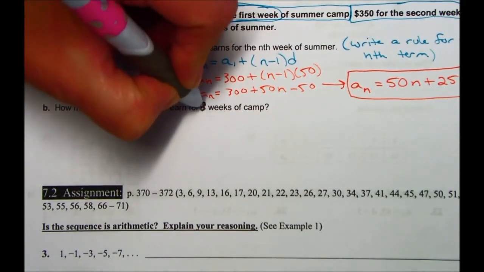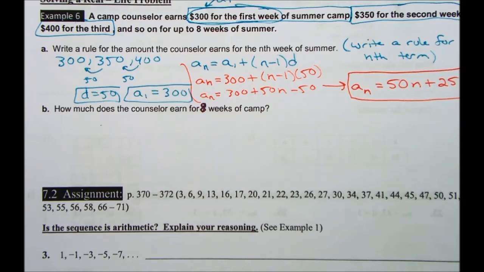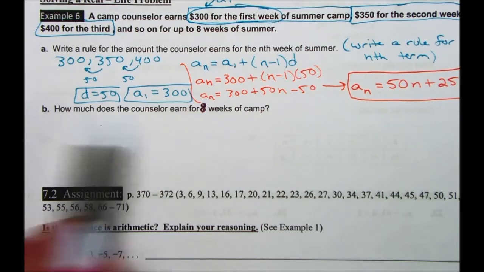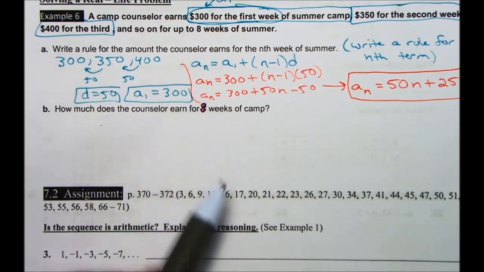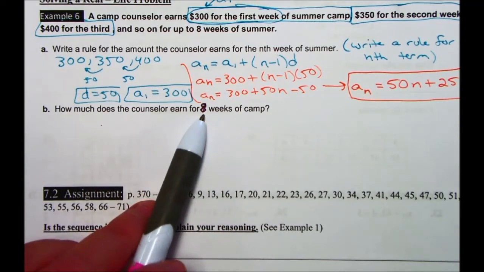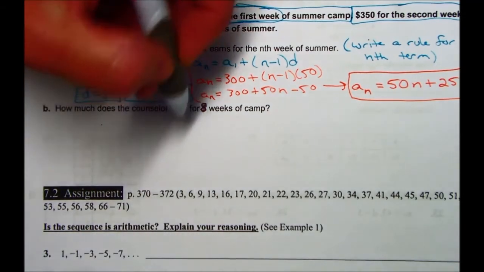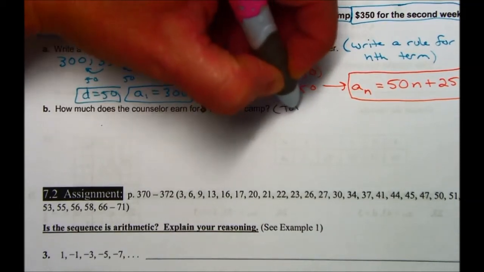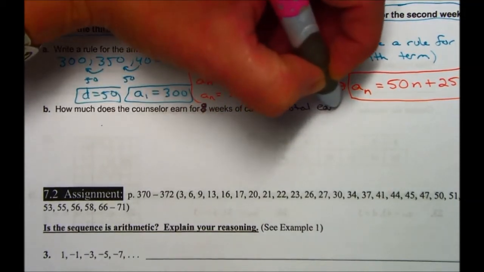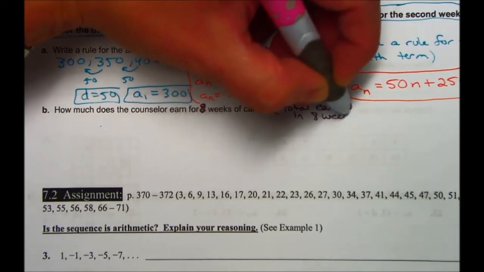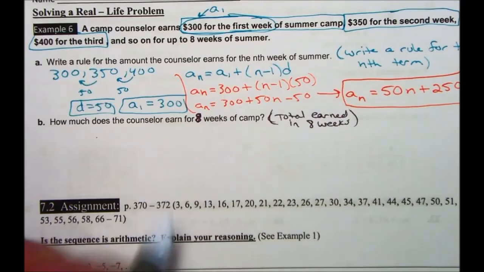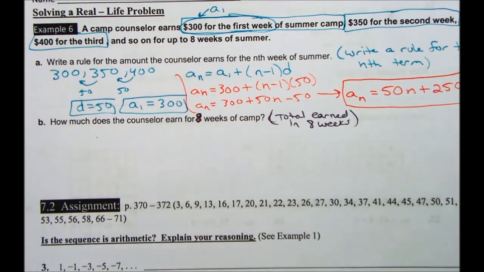So you need to do that, which would make more sense. If they want to know the total amount that they earned in the entire summer, then you would want to use 8, so this is your total earned in 8 weeks. So again, change that 7 to an 8.